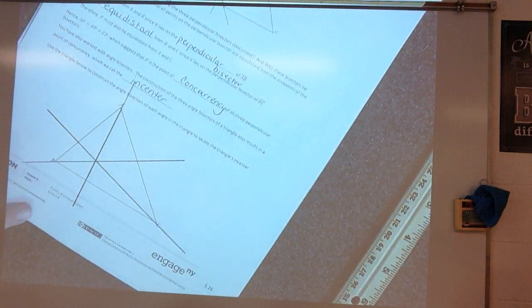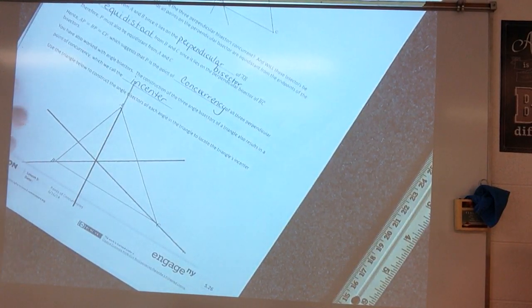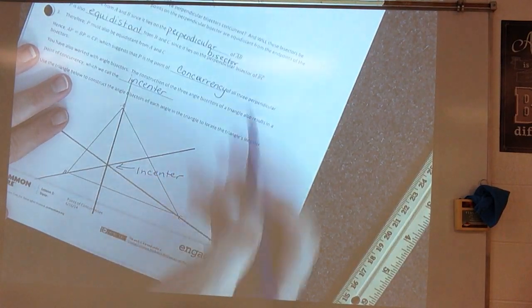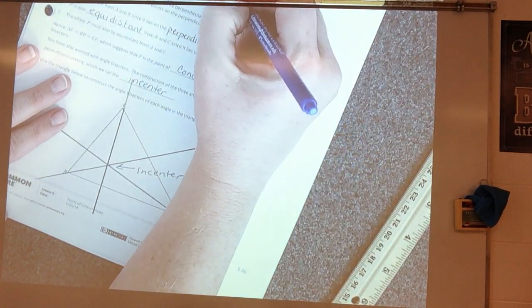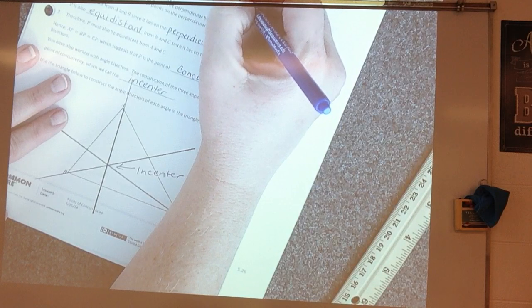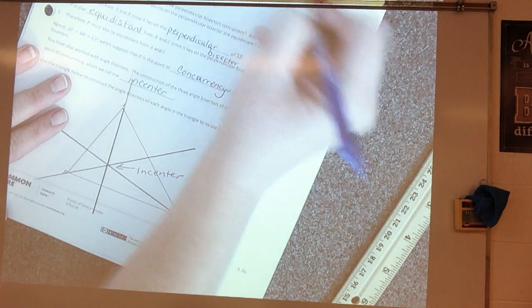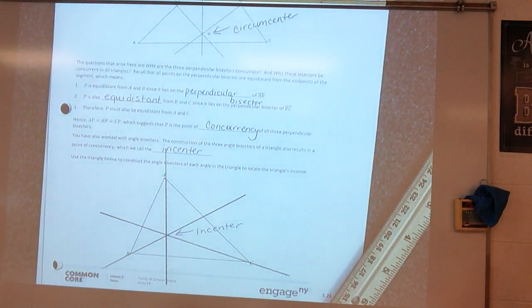But here we see that you're going to have a point where it comes together, and this is what we call our incenter. Here, with perpendicular bisectors, this is our point of concurrency, or our circumcenter. Here we're dealing with angle bisectors, so therefore it is what we call our incenter. Okay?